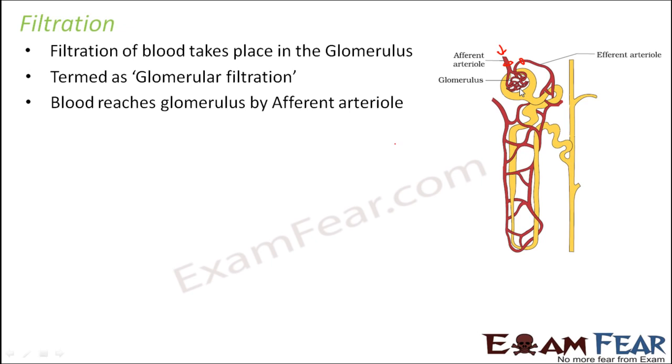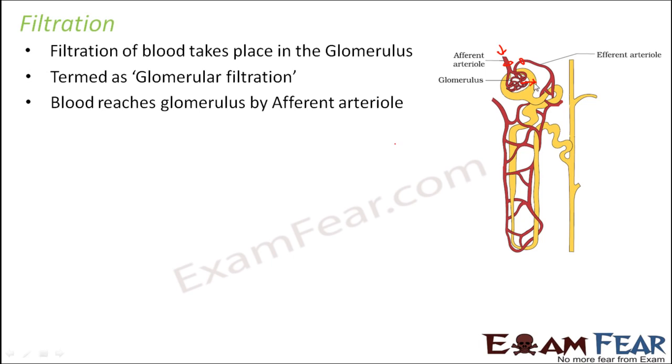This blood consists of plasma, blood cells, proteins and many other things. Due to this high pressure, most of the plasma moves from the glomerulus into the Bowman's capsule, crossing the membrane between them.